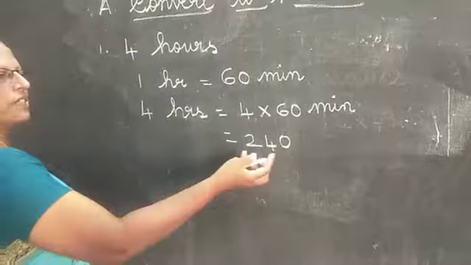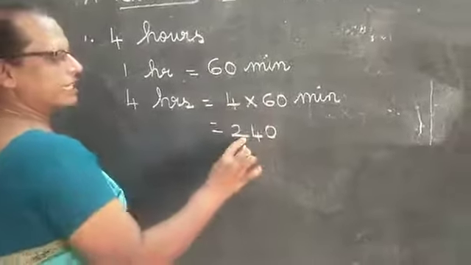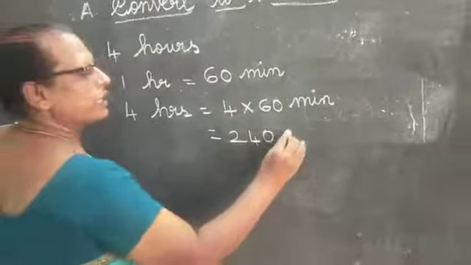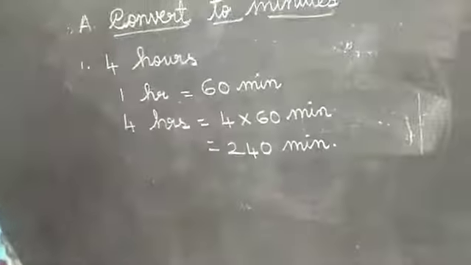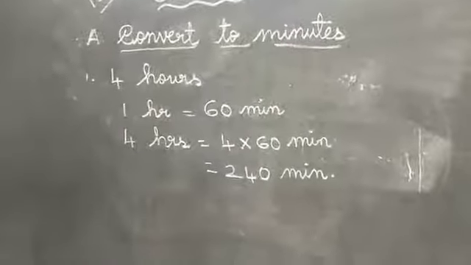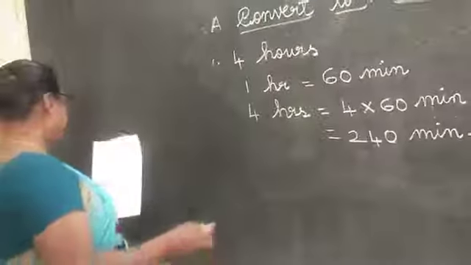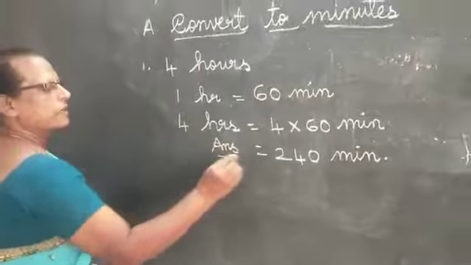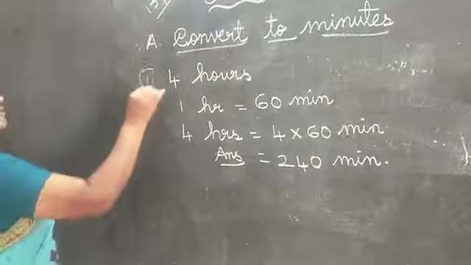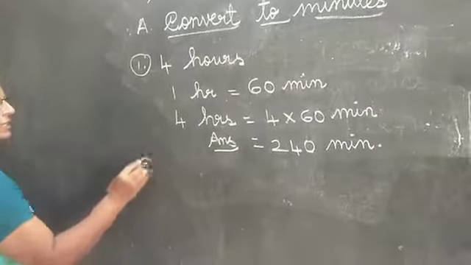So it's very easy. 4 into 60 is 240 minutes. This is the answer. Easy or hard? It's very easy, isn't it, children? Okay, we'll see the second one. The answer is 240 minutes.